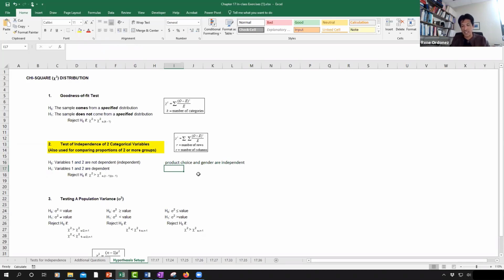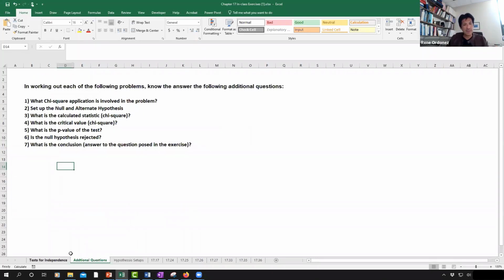The alternate hypothesis says that product choice and gender are dependent, or correlated. From a marketing standpoint, that is important to know because you can target market your product. If it is your intention to sell more to a gender group that tends to buy your product, then you can target your promotion and advertisement accordingly.